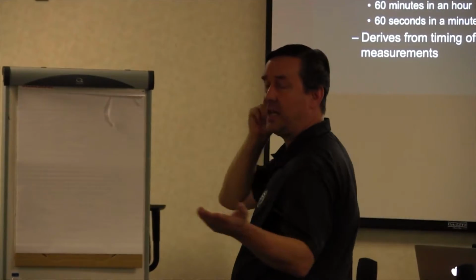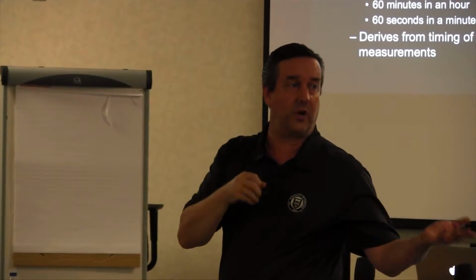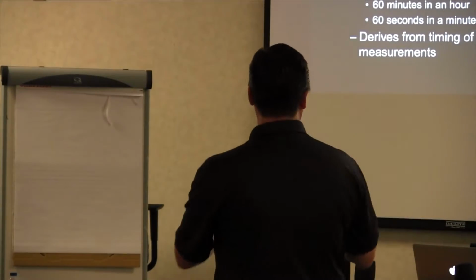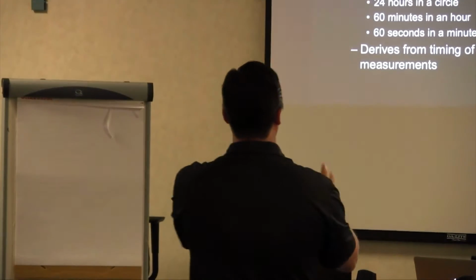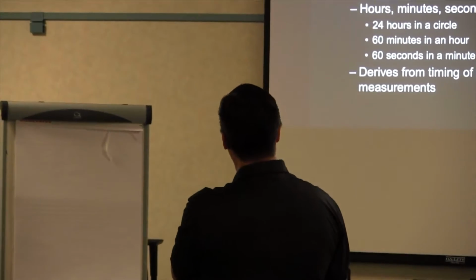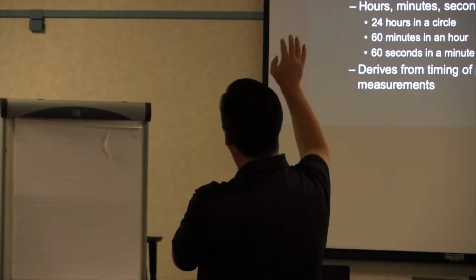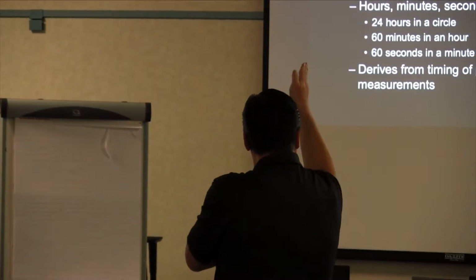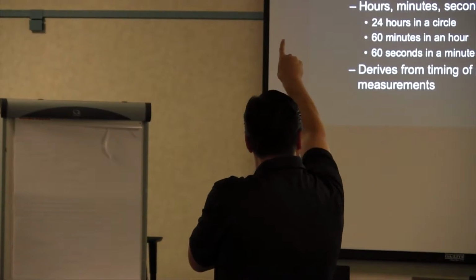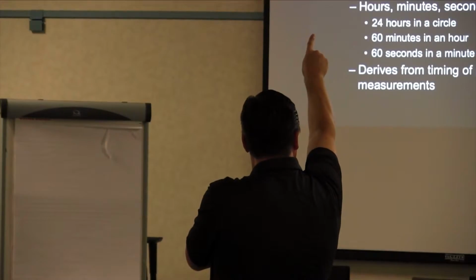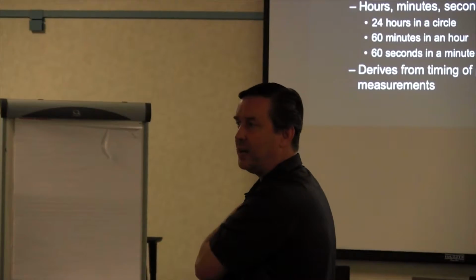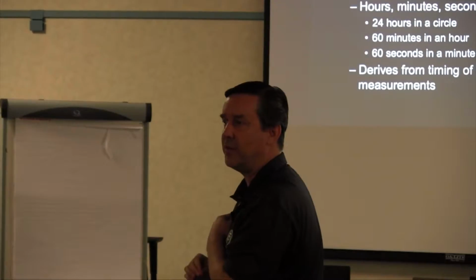Matter of fact, Tycho Brahe, the greatest observer pre-telescope, his greatest instrument was perfectly aligned along the north-south line. And then he would sight along that line and time exactly when that star or that planet or whatever it is crossed the north-south line.